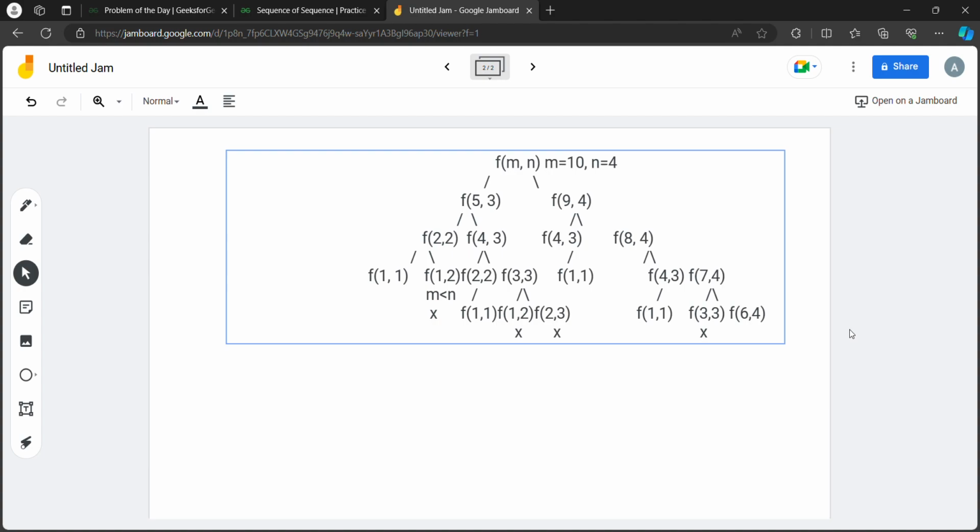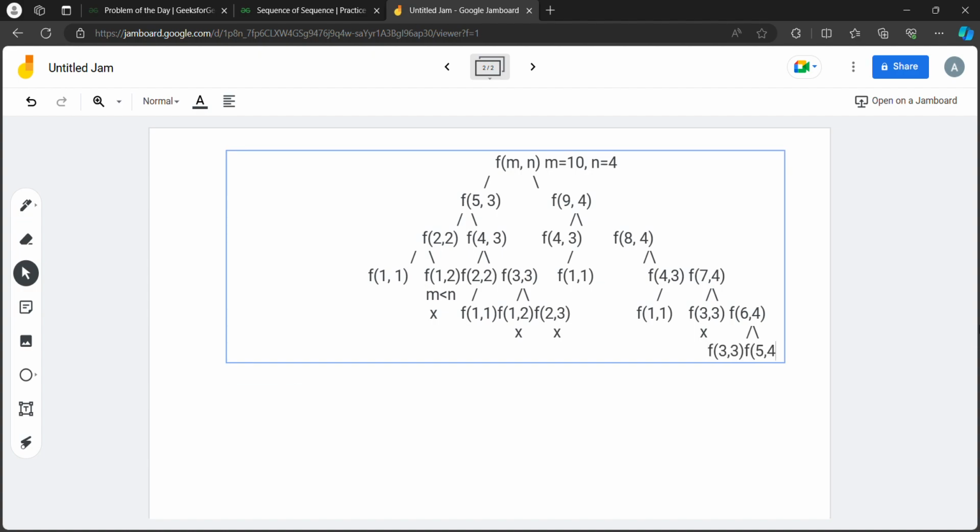And for the 6 comma 4, if we consider 6 as a last element, then next element will be 6 by 2 is 3 and the size is decreased by 1, so 3. Okay, and if we do not consider, then in that case it is 5 and size is same.